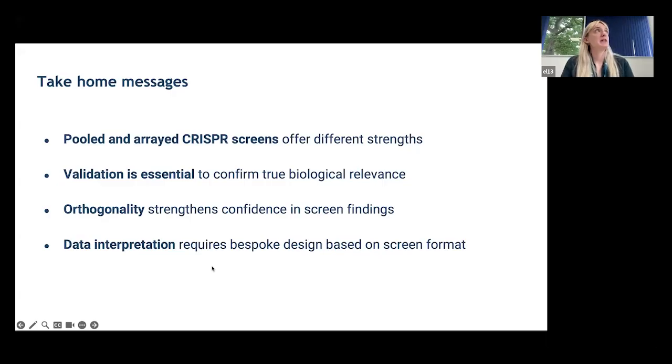So we used completely different guide sequences. These were commercially available guides, and the initial pooled screen had one set of commercially available guides. We went with a completely different supplier, but ensured that the sequences don't overlap. They are different.